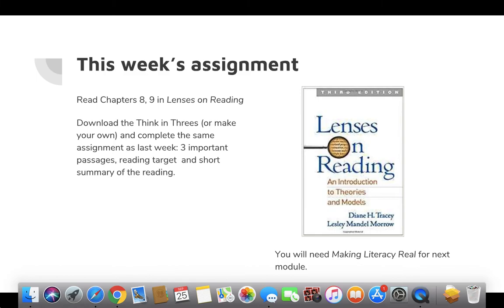I just want those same 3 sections identified in there. I'm just trying to find ways to allow you to respond to the reading in a way that doesn't always have us going onto the discussion board, because I know that can get tiresome for you. I would like to point out to you that next week I'm going to need you to get a copy of Making Literacy Real for the next learning module, because we're going to be getting that.